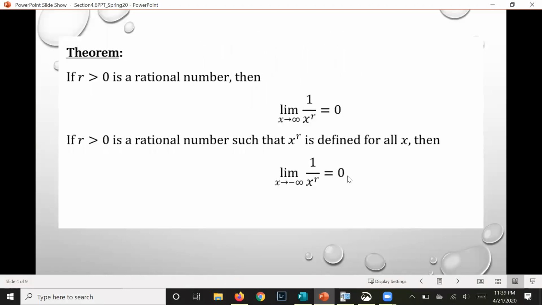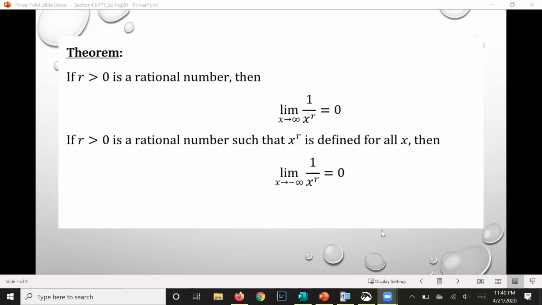we can generalize that and use that as a theorem. So we're told here that if r, which is greater than 0, so it can't be a negative number or 0, is a rational number, then the limit as x approaches infinity of 1 over x to the r, okay, so this is like a rational function where we just have a single variable raised to a power in the bottom.